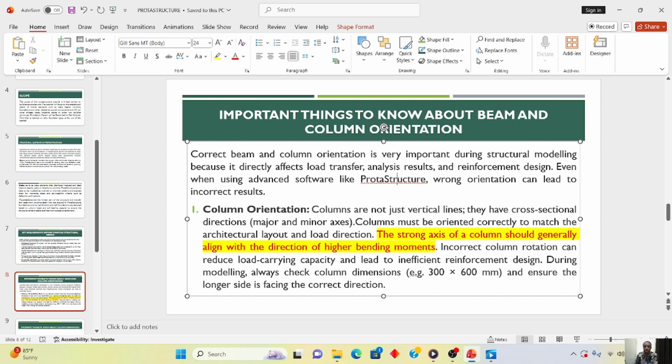Incorrect column orientation can reduce load carrying capacity and lead to inefficient reinforcement design. During modeling, always check column dimensions. For example, a 300 mm by 600 mm rectangular column must have the longer side facing the right direction.